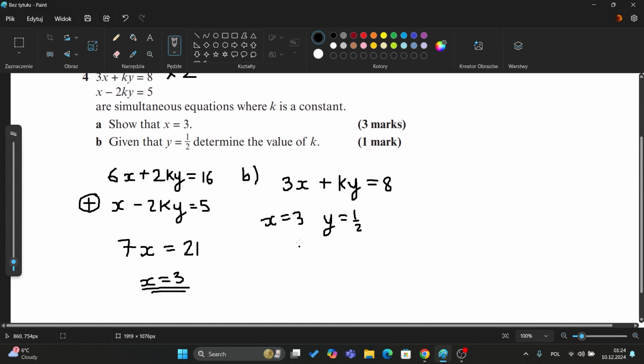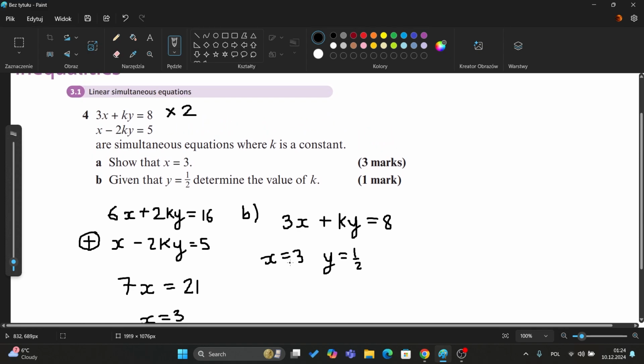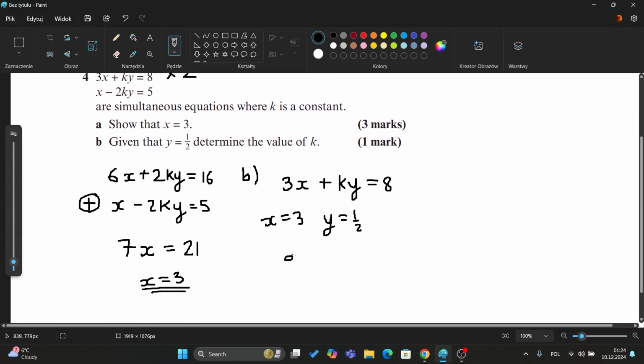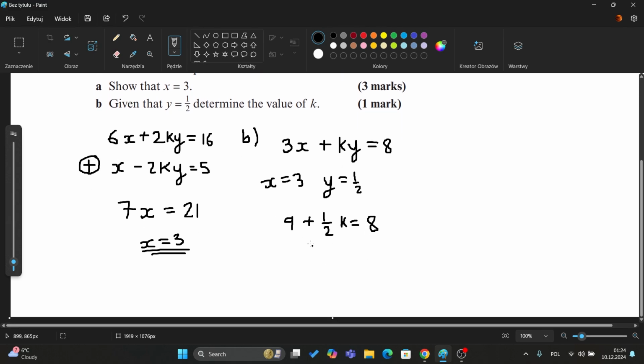So here we can just substitute both values into our first equation, and we get 9 plus a half of k is equal to 8. Now we bring minus 9 here, and we get negative 1 is equal to a half of k, so k is equal to negative 2.